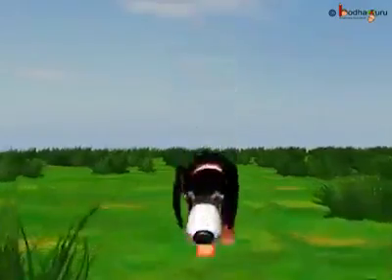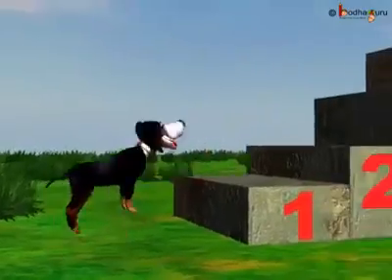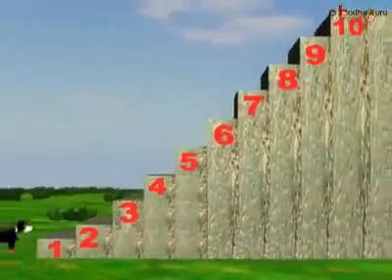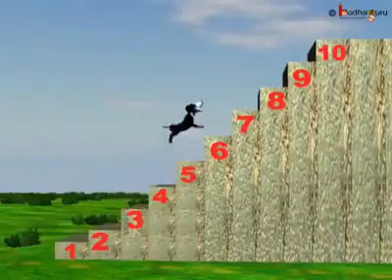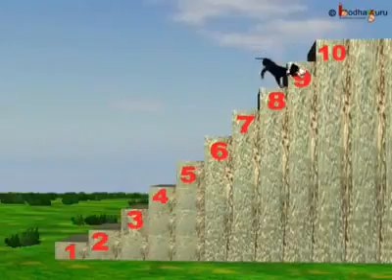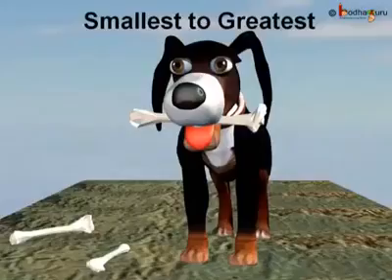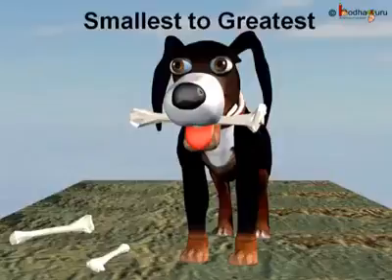So, when Tommy went up, he started from the smallest number 1. Then he climbed 2, 3, and finally he climbed up the greatest numbered staircase, that is 10, and reached the bones.